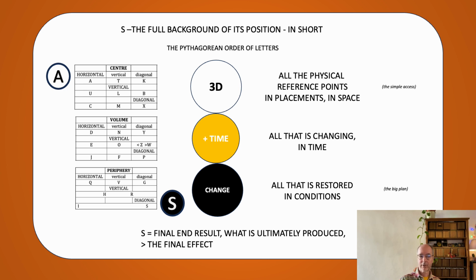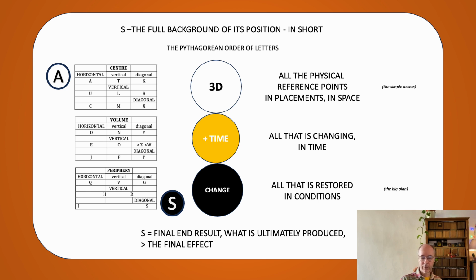And the first 9 letters are on the order of the 3-dimensional world and perspective. So they are real physical reference points as placements in space. So in the 3 dimensions, let's say.